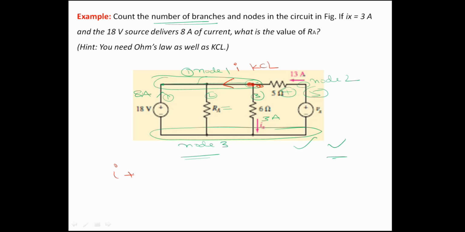The sum of the leaving currents is equal to the entering currents. Ix is already given as 3 amperes. Therefore, I is equal to 13 minus 3, which would be 10 amperes of current in this branch.